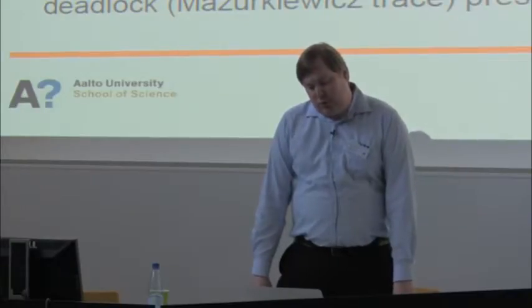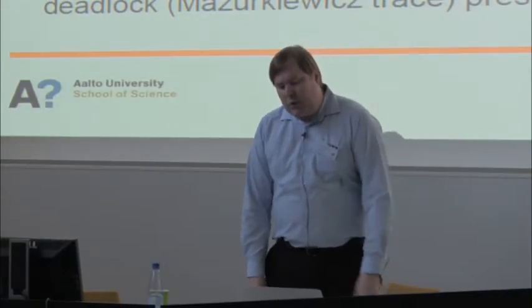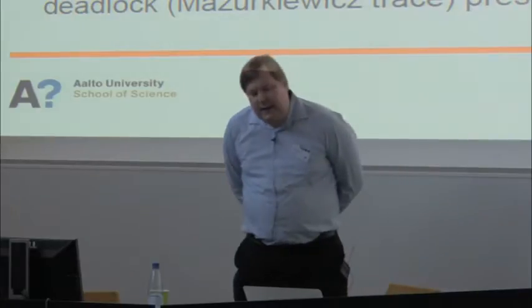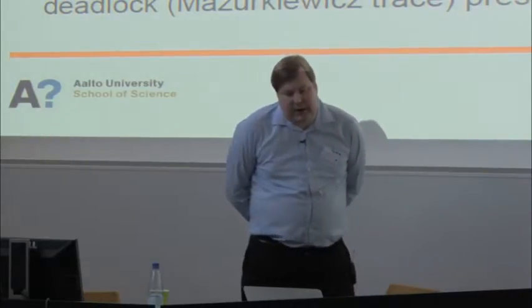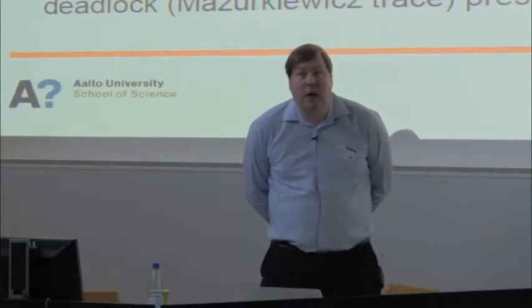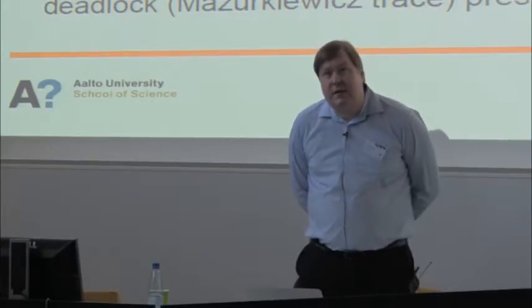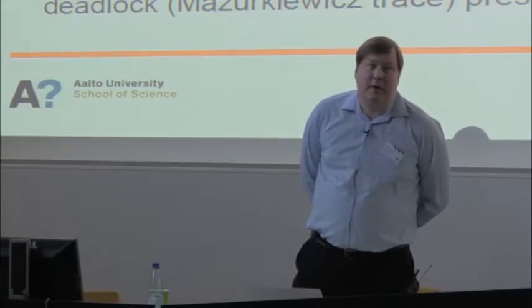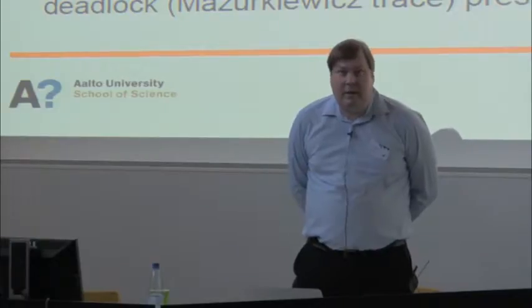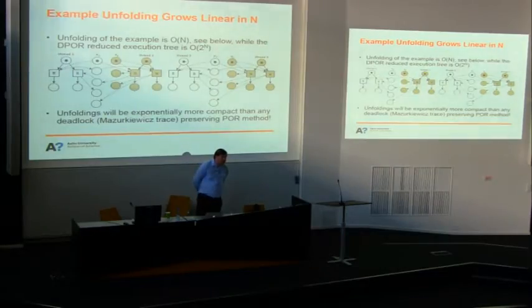What I know is that these are all the enabled transitions. If I project this to the original Java program, I know that all the reachable program locations are in this unfolding, if and only if they are reachable.